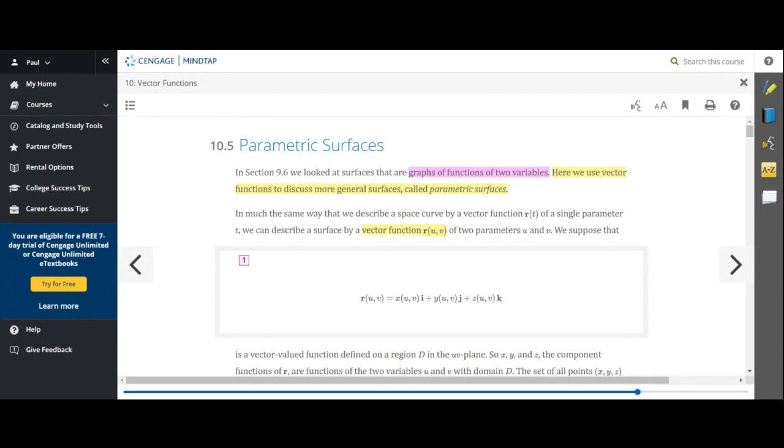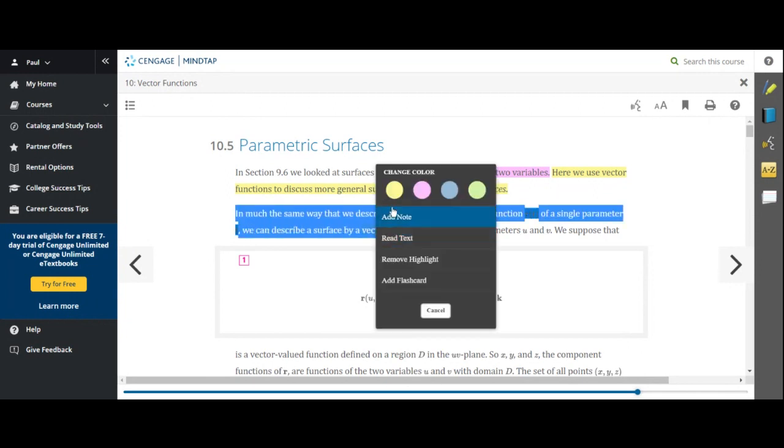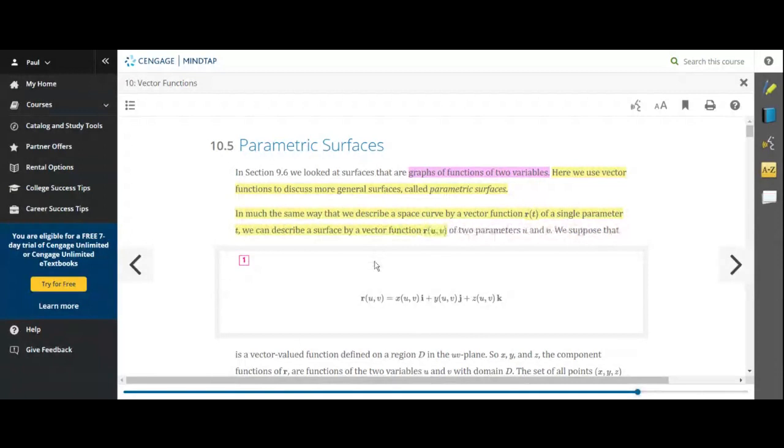Okay, so in much the same way that we describe a space curve by a vector function of a single parameter, like r of t, v of t, a of t, well, r of t is your founding space curve. But that's a vector function of one parameter.